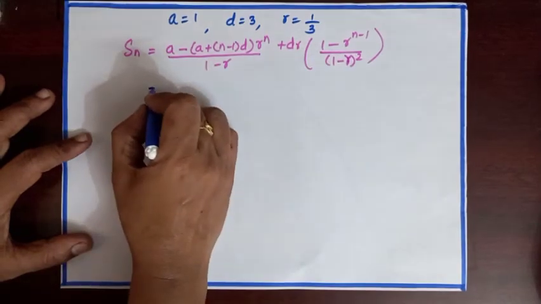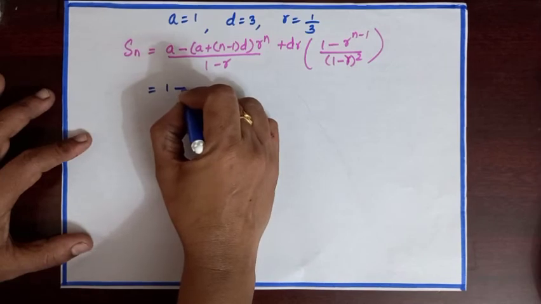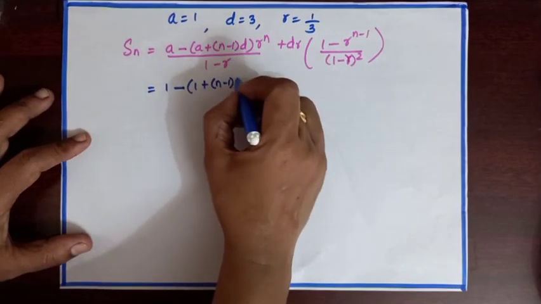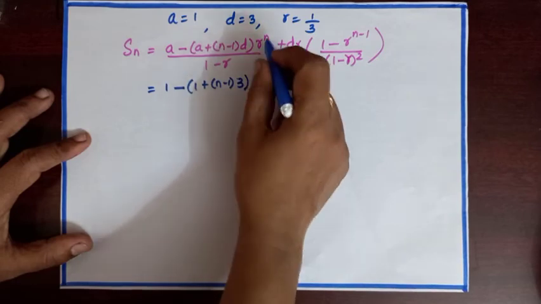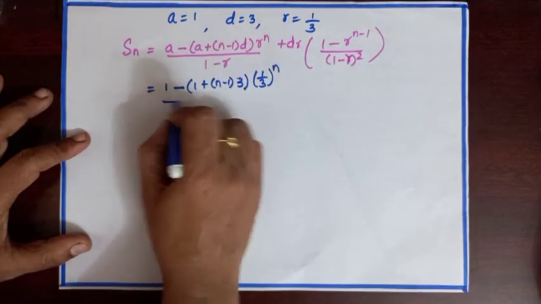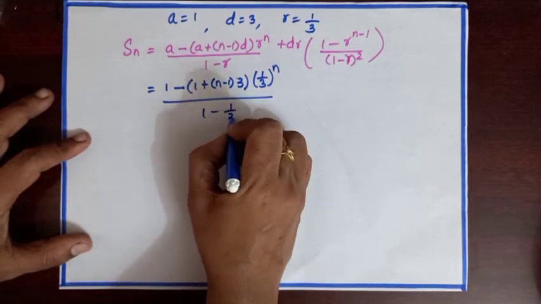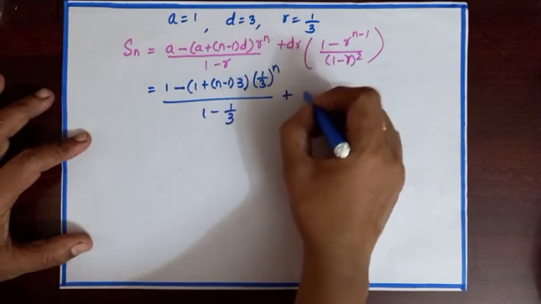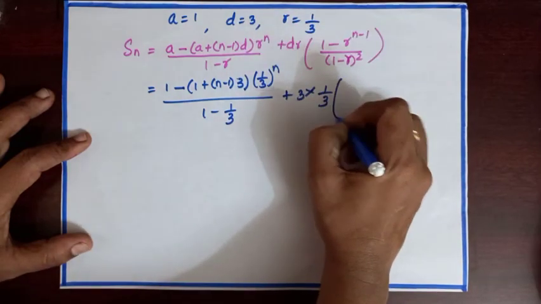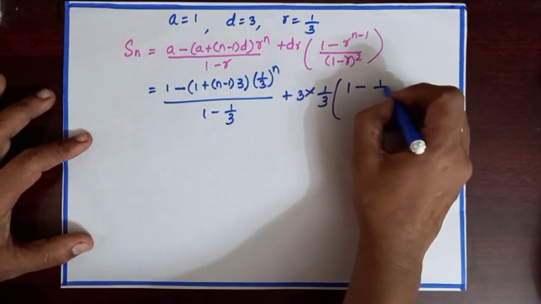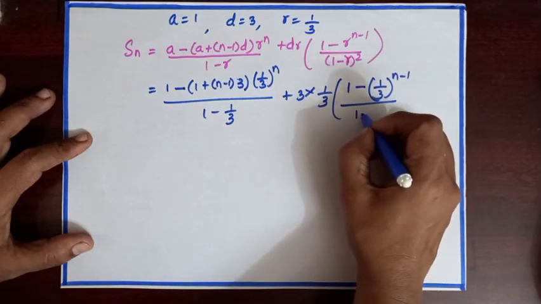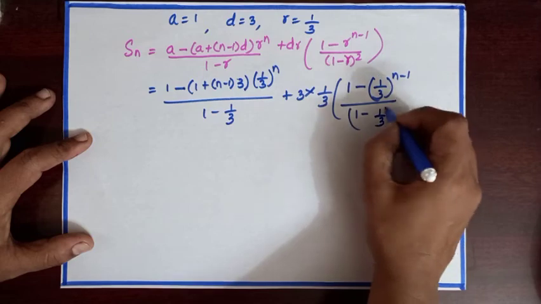A is 1: 1 minus (1 plus (n minus 1)) into d is 3, into r, r is 1 by 3, the whole power n, by 1 minus 1 by 3, plus d is 3 into r is 1 by 3 into (1 minus (1 by 3) power n minus 1) by (1 minus 1 by 3) the whole square.